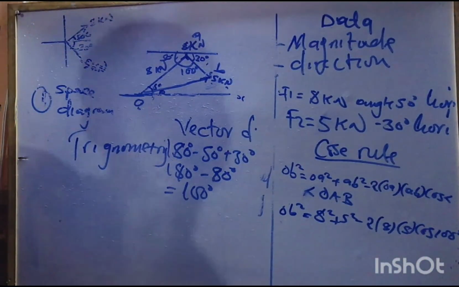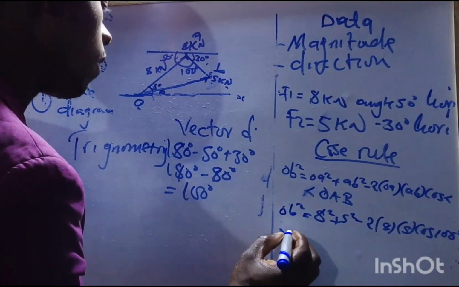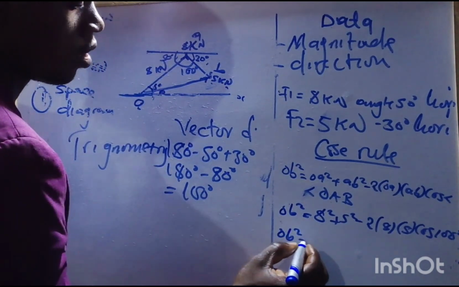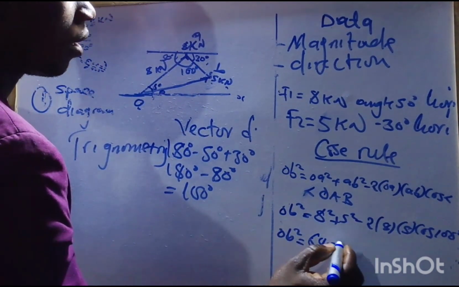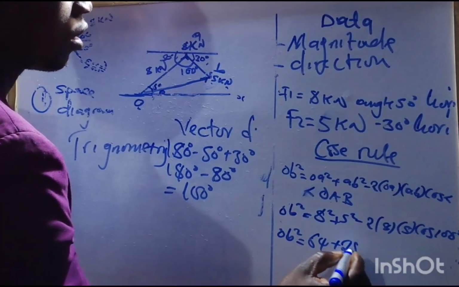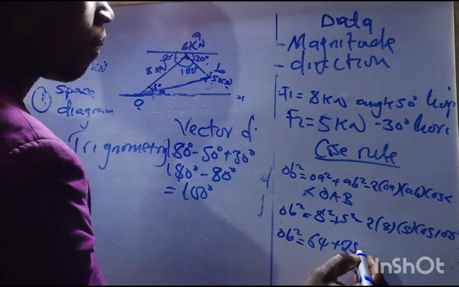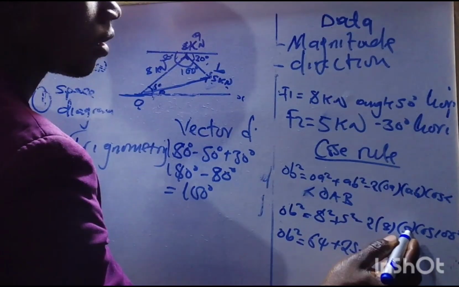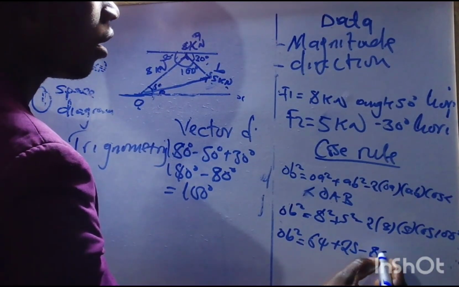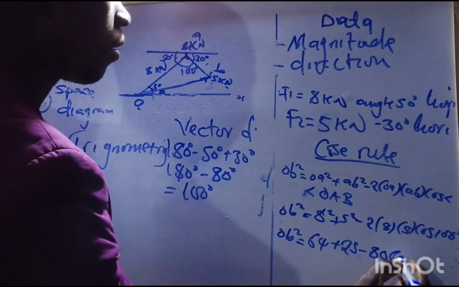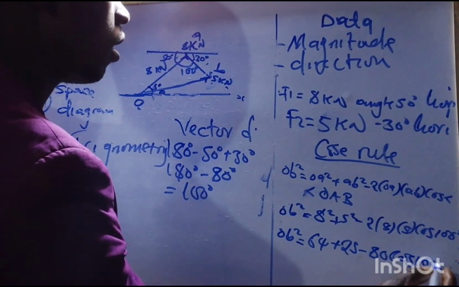Okay, in which you are going to have OB squared equals 8 squared, which is 64, plus 5 squared, which is 25, then minus 2 times 5, which is 10, times 8, which is 80, then cos 100.